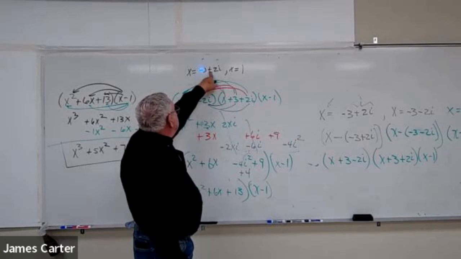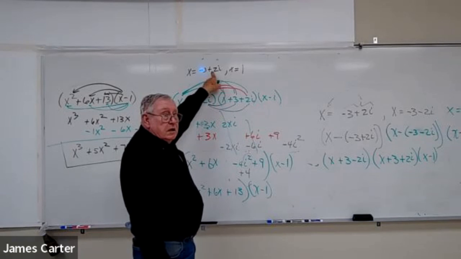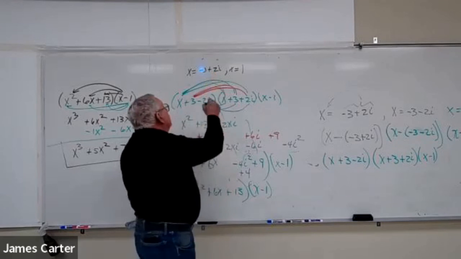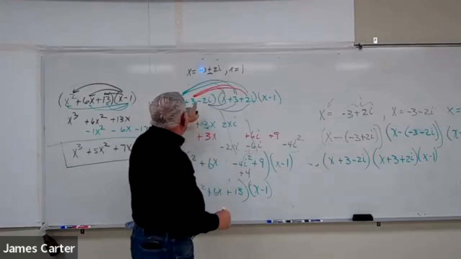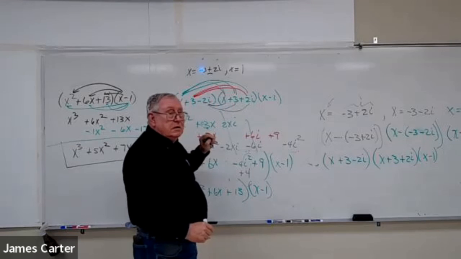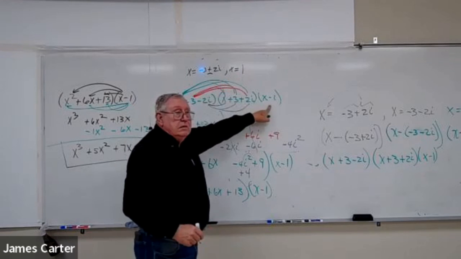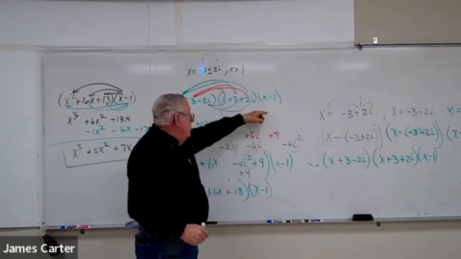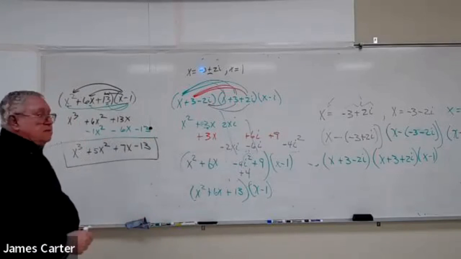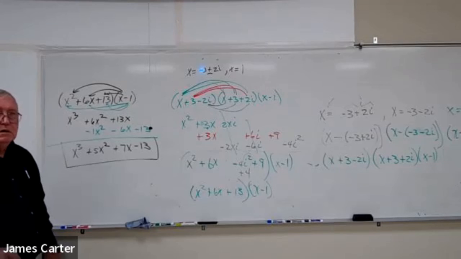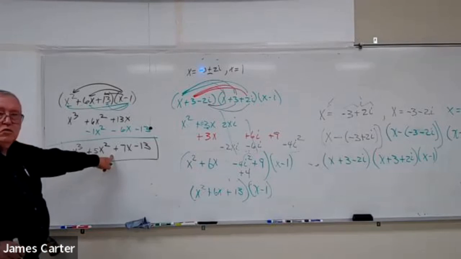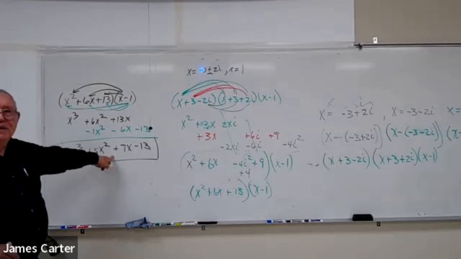They only told you the plus side of it. But because of the conjugate theorem, you had to have both sides of it. And then you have the 1 here. You do all these multiplications, distributions, and that's what the polynomial was.